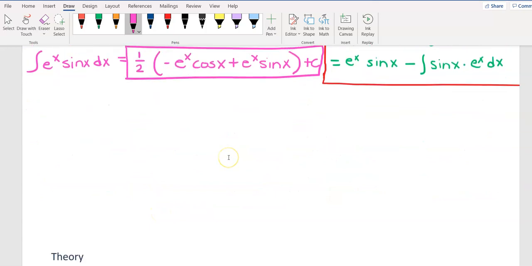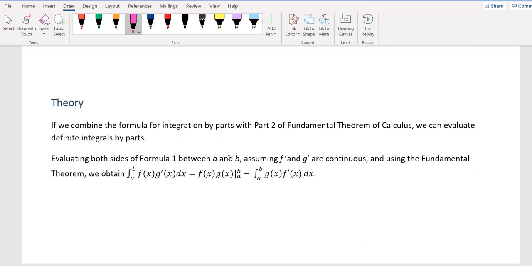Okay, so that is integration by parts. I do want to mention one more thing, and that is when you have a definite integral and there is a theory behind them. If we combine the formula for integration by parts with the idea of the fundamental theorem of calculus, you can evaluate a definite integral by parts.